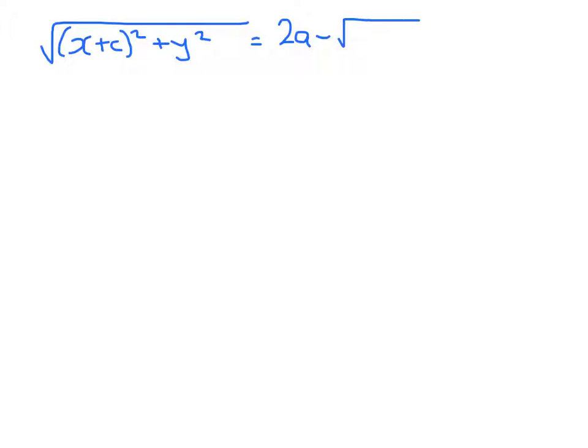Okay, when I square, so on the left hand side, I'll just write it out again here, x squared plus y squared. It's the left hand side. Here I've got 2a minus the square root of x minus c squared plus y squared. So squaring both sides, well, on this side I get x plus c squared plus y squared.